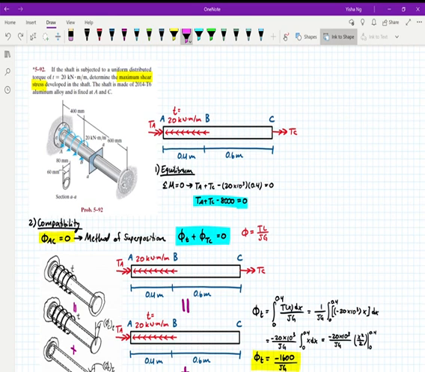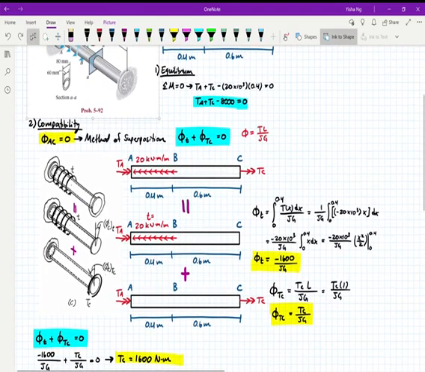So you probably remember this from deflection, where you can separate out the forces that are acting on a beam into the individual components and then add up all the resulting deflections in order to find the overall deflection. You can do the exact same thing with angle of twist. And so what we're going to do is, here's our overall beam.